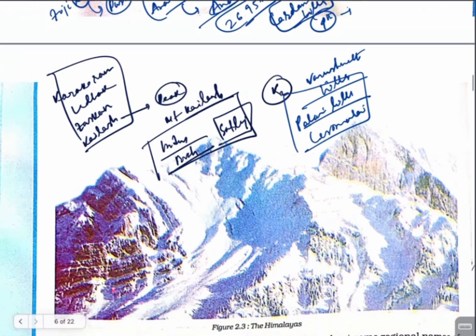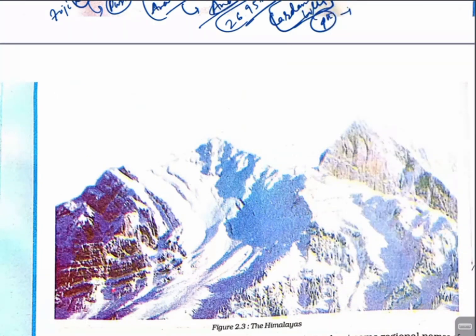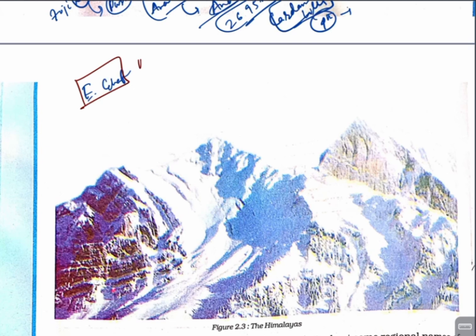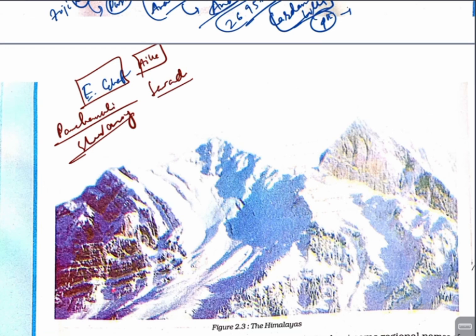Now we'll look at the Eastern Ghat hills. What are the Eastern Ghat hills? There are many, like Pancha Malai, Shevaroy Hills, Javadi Hills, Palkonda Hills, Venkonda Hills.